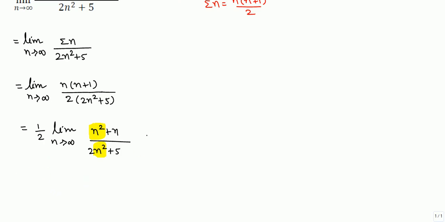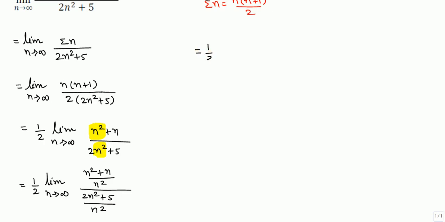In this method, remember only one thing: which is the highest term, divide by that highest term. So 1 by 2 limit n tends to infinity, n square plus n divided by n square, whole divided by 2n square plus 5 upon n square.